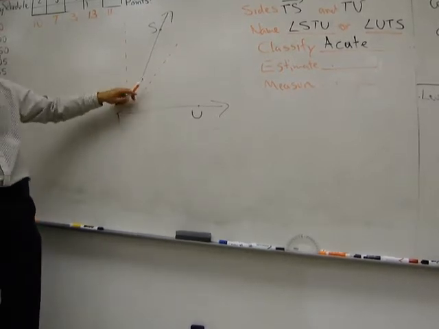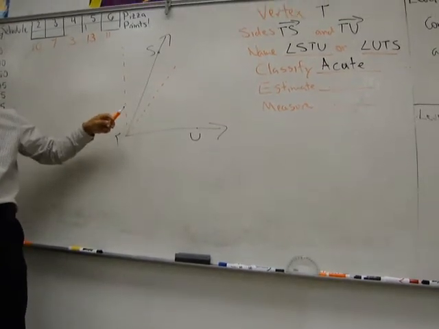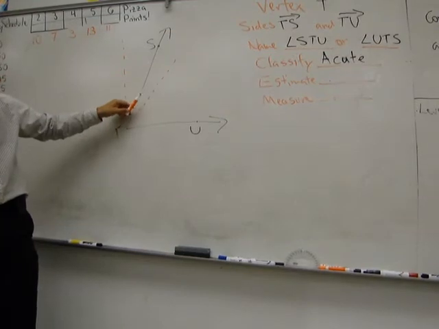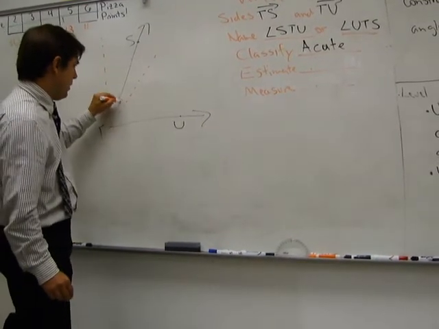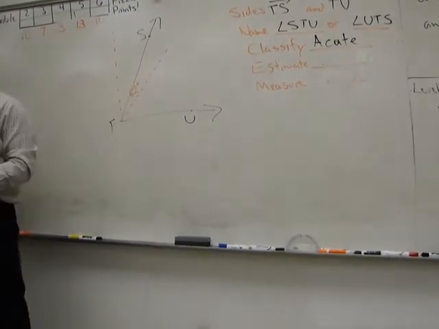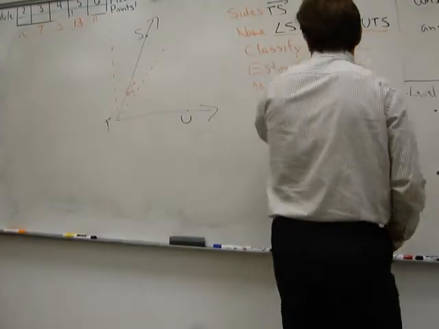So is it closer to 45 or closer to 90? Slightly closer to 45, right? It's not that much closer to 45. It's not 50. I'm going to try to be perfect. I'm saying 62. And like I said, I'm rarely off by more than 5.